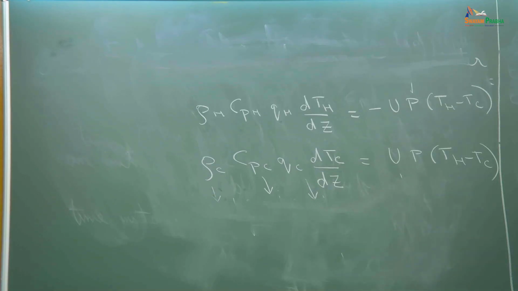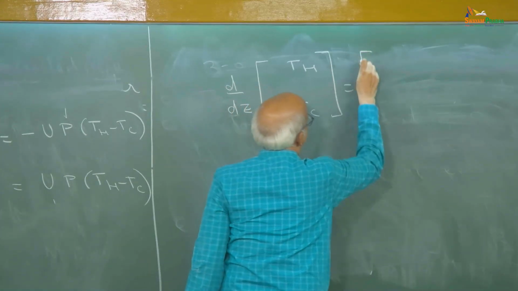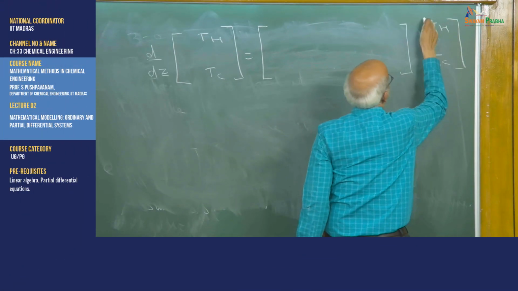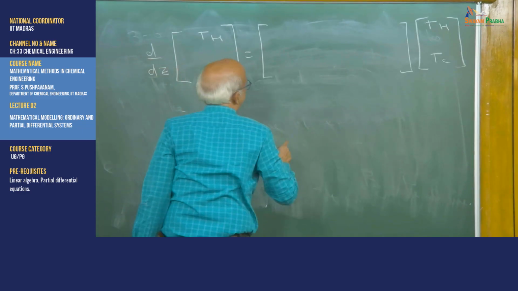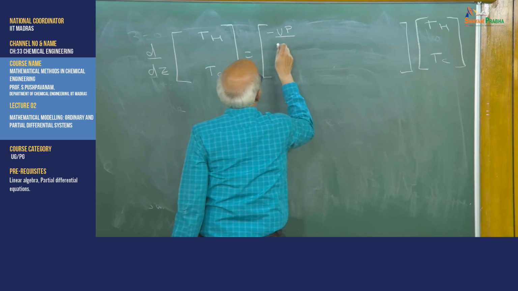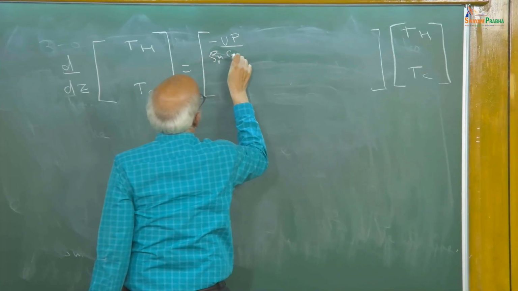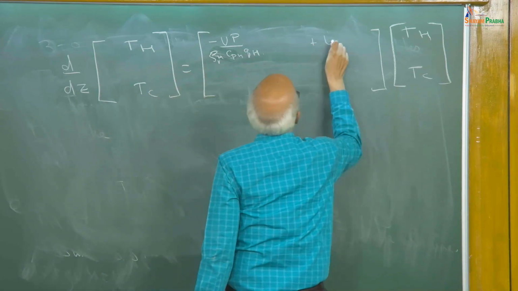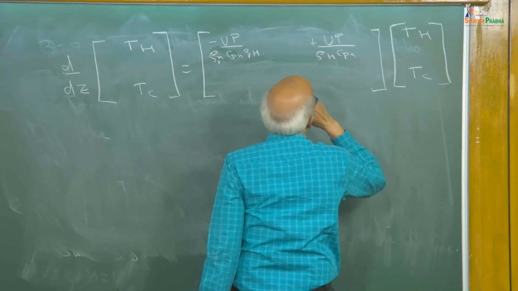So, I have d by dz of Th as my first equation, Tc as my second equation, equals, again I write it as Th, Tc, and what will be the things multiplying these here: minus UP divided by rho h, Cph, Qh, in the same order, and plus UP divided by rho h, Cph, Qh.